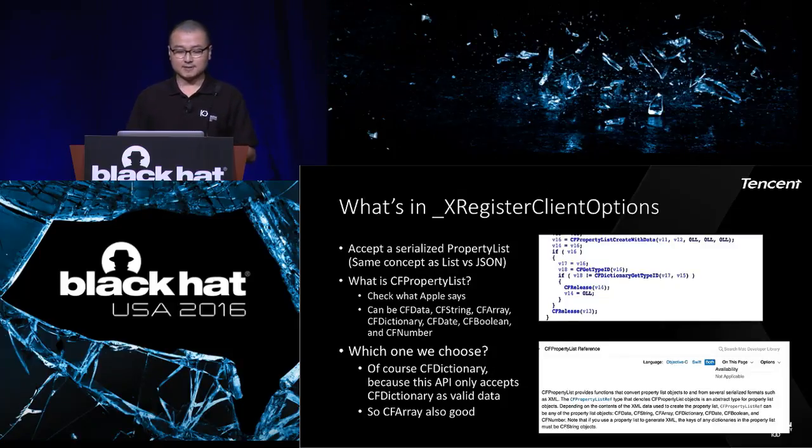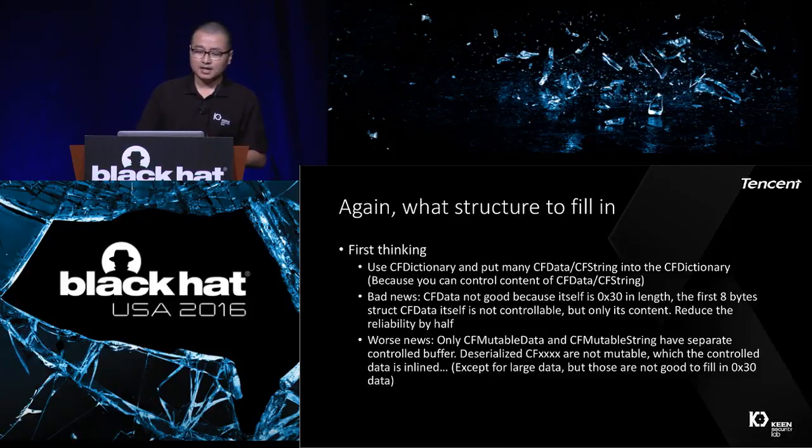And in this process, some complex operation will be handled. So you will find something very interesting. And the first thing we considered is that we want to try to fill in with CF data, CF string, or so on.